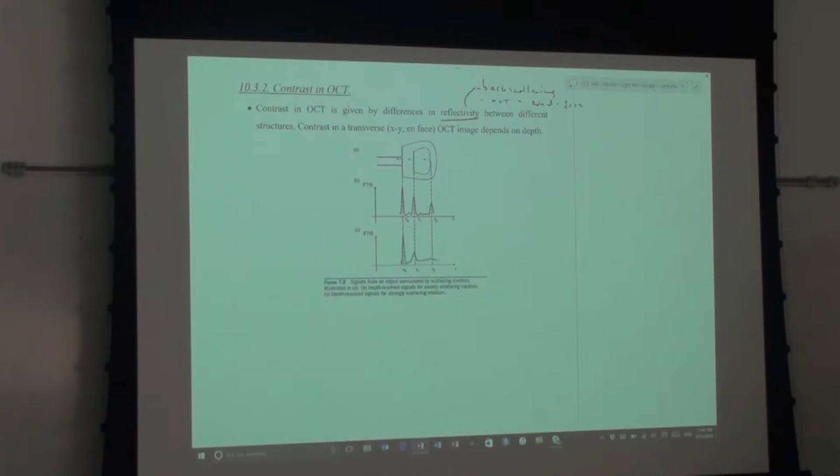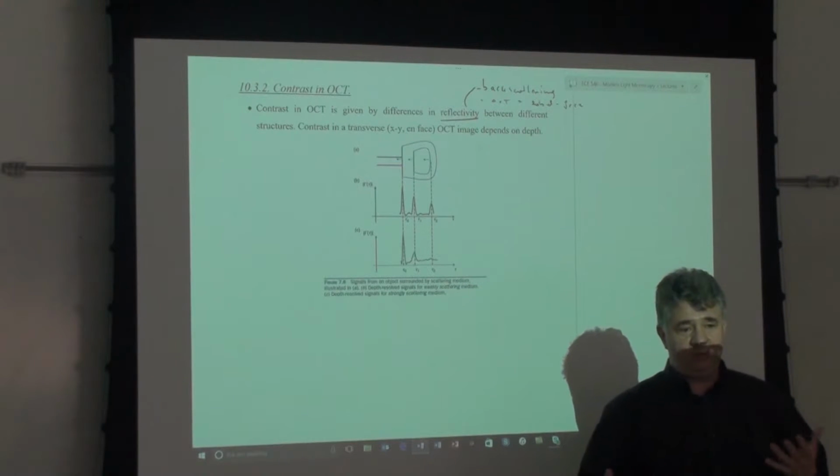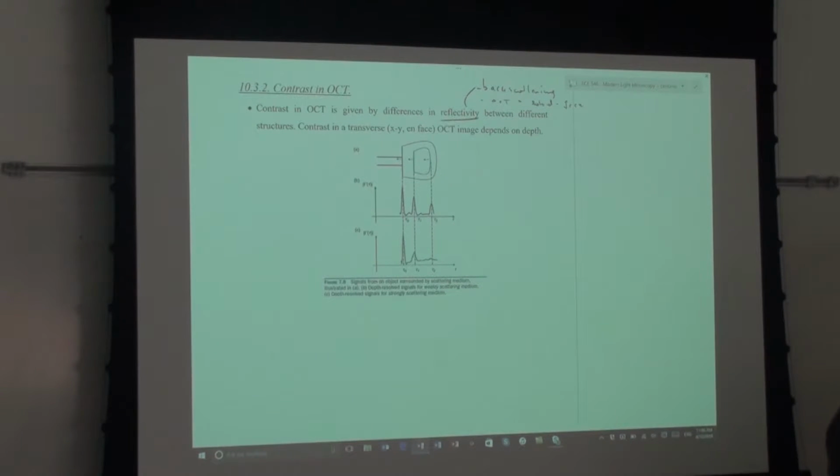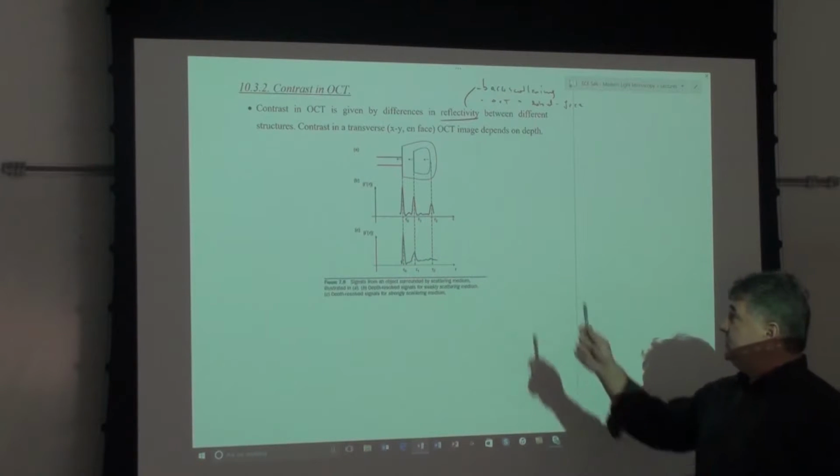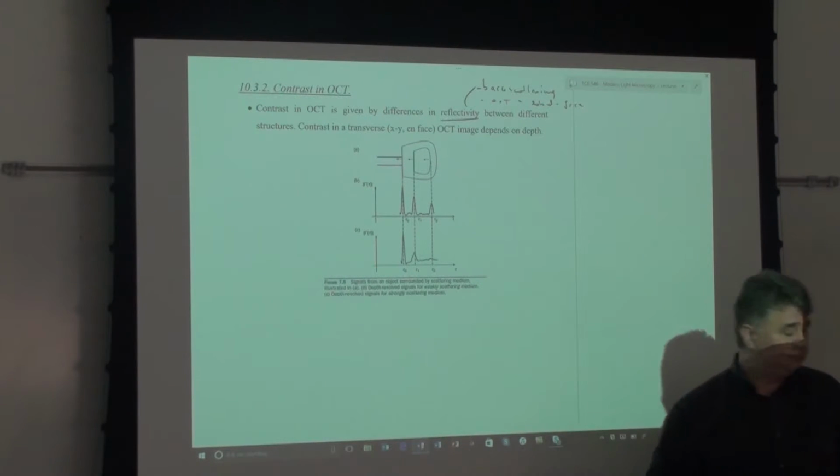If you index match your tissue, it will be difficult to see it. So you don't want to index match perfectly. But if you have the refractive index contrast too high, you will get multiple scattering, and multiple scattering essentially destroys your interference signal.